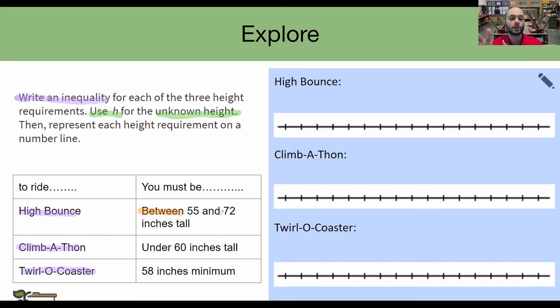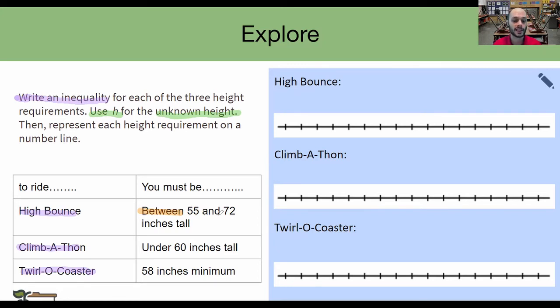We also don't know if you can go on this ride and be exactly 72 inches tall. So if you came up with an inequality where you said you can be equal to 55, between 55 and 72, and equal to 72, then that is also correct. We're going to look at both of these cases in a little bit more detail in a second.